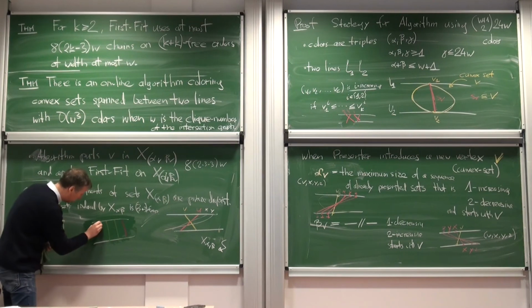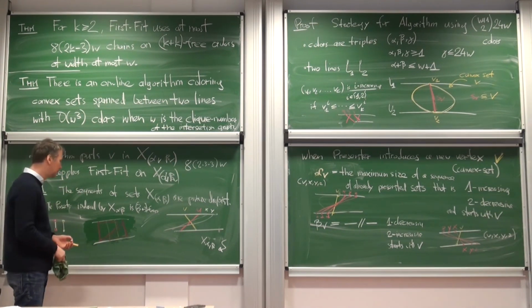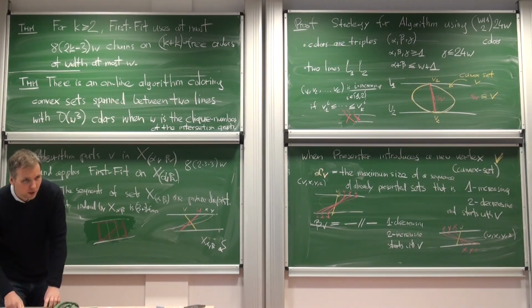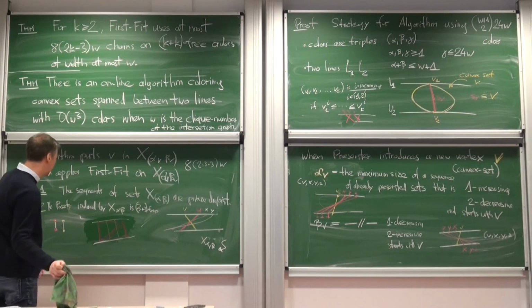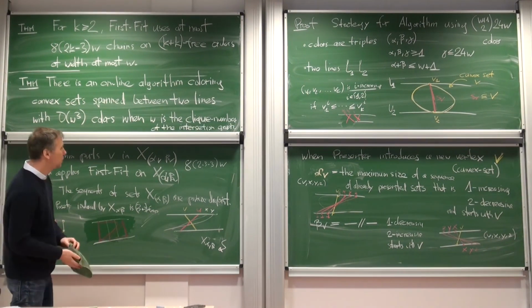So the first red set is like this, second red set is like this, and that's enough. The yellow could be just segments. So that's 2 plus 2. It's possible. But 3 plus 3 is not possible. And why is it so?